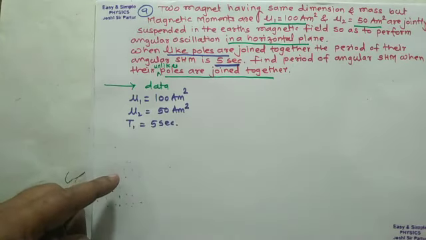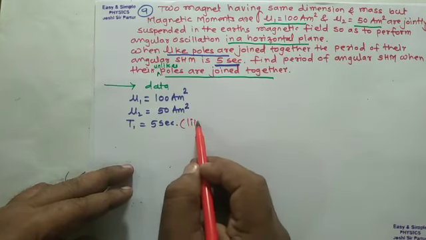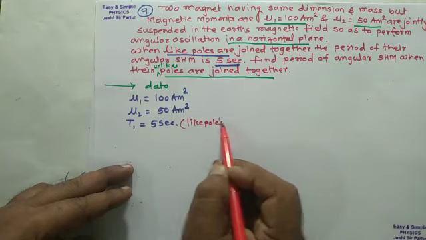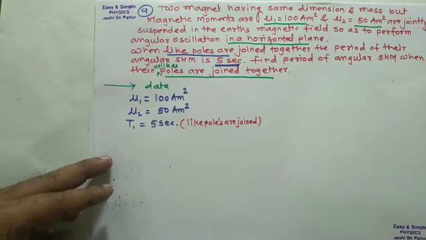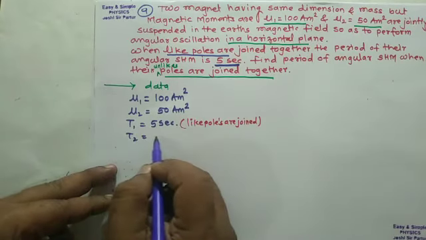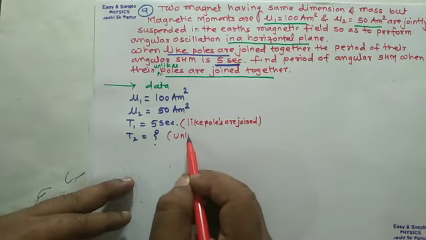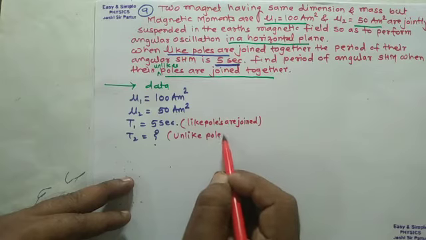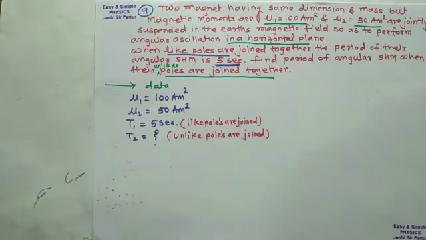But the condition here is like poles are joined. And we have to find T2, question mark. The condition will be unlike poles are joined. First we find when like poles are joined and then when unlike poles are joined together.